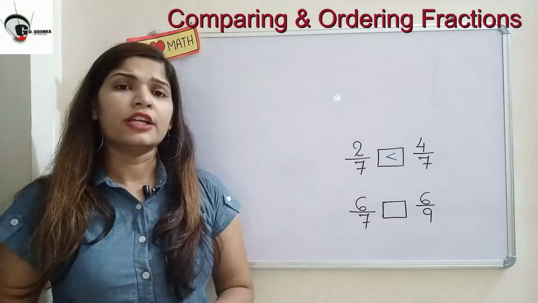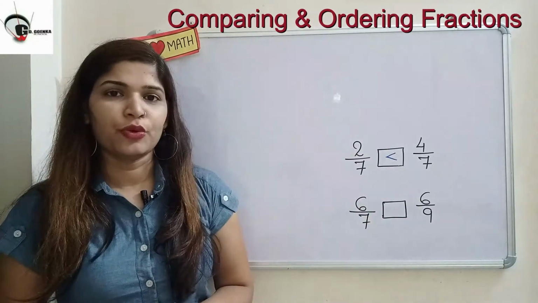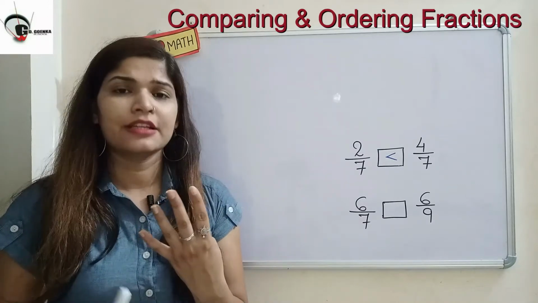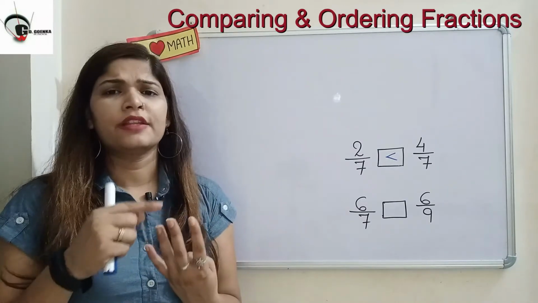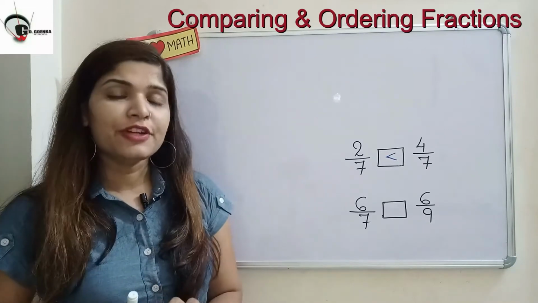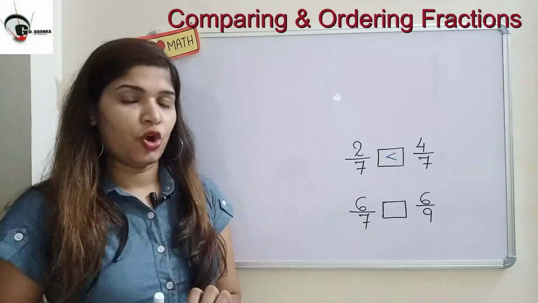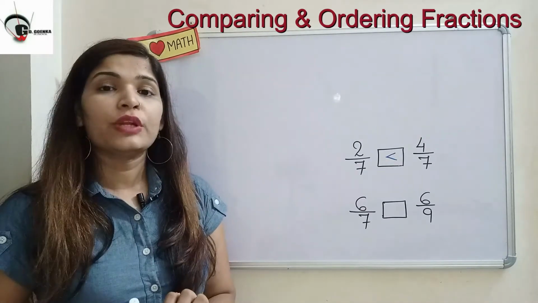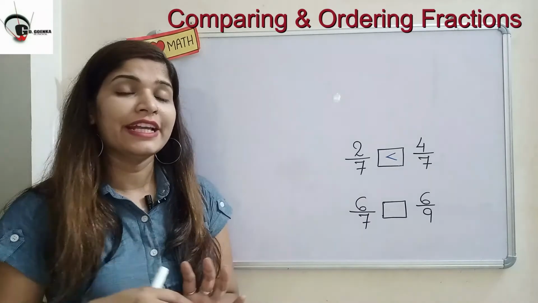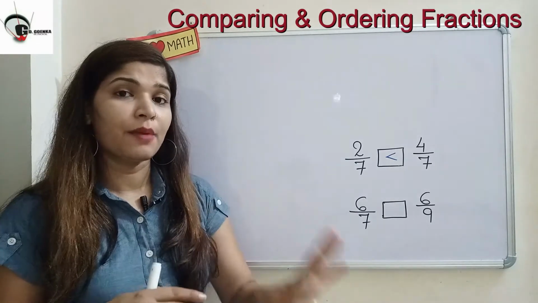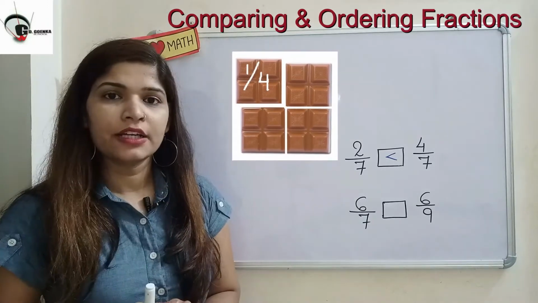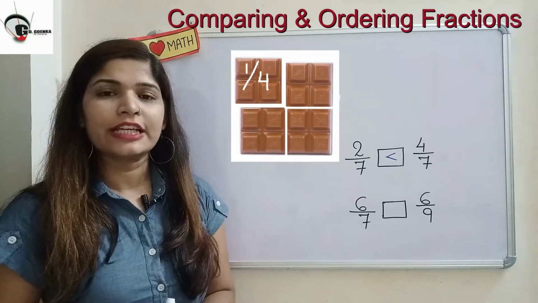Suppose your mama brought a big chocolate for you at home and you are 4 members, like you, your brother, sister or your friend. There are 4 children among whom your mama is dividing that chocolate. If we divide the chocolate into equal parts among 4 people, of course you will get 1 out of 4 parts. Yes, the 4th part you will get.